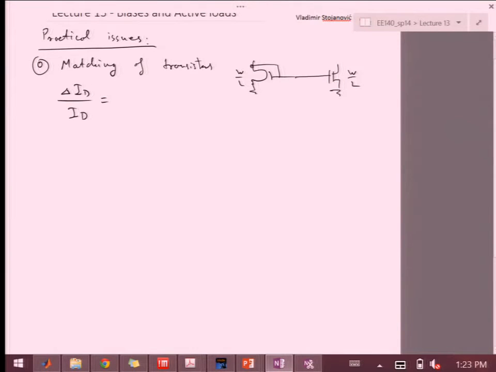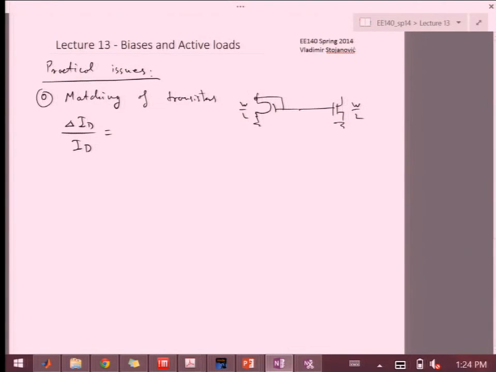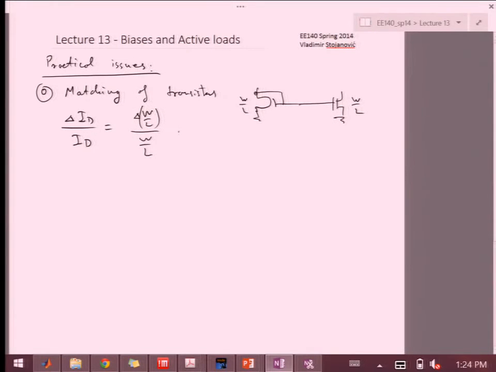Then the difference in the drain current over the average drain current of the two will also depend on VOV.